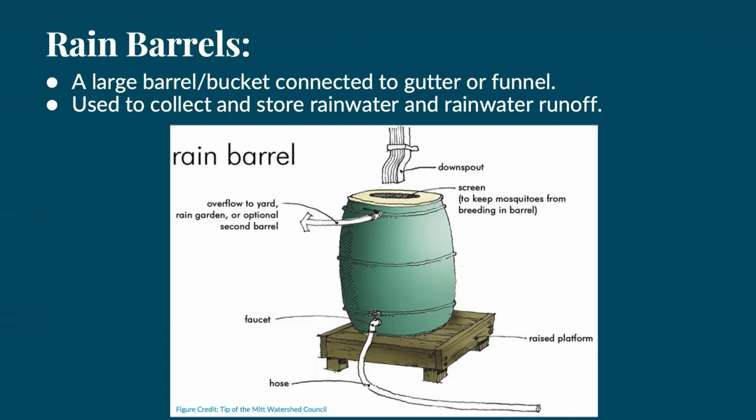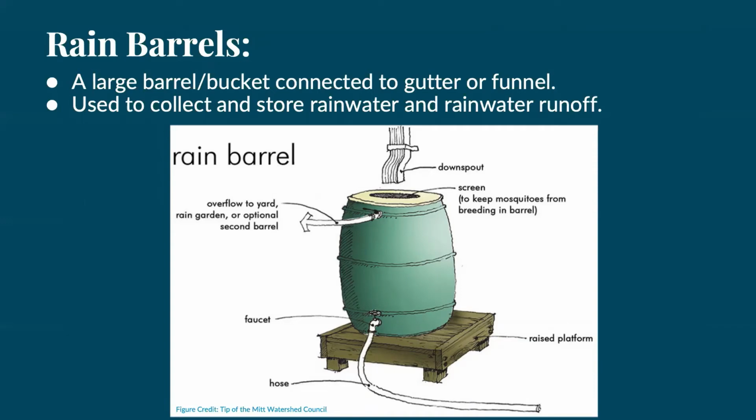You can see in our little diagram here, there's a little downspout near the top and a little screen, which keeps mosquitoes from entering and breeding in the barrel, as well as keeping leaf and other debris out of the water there.